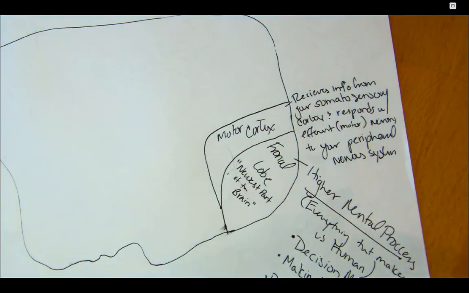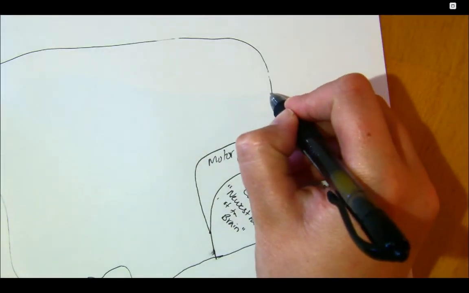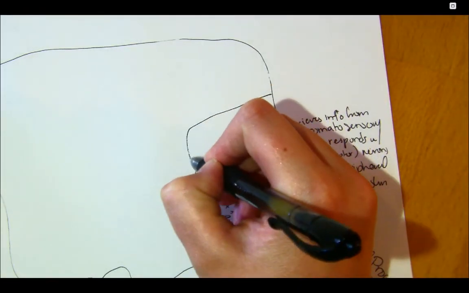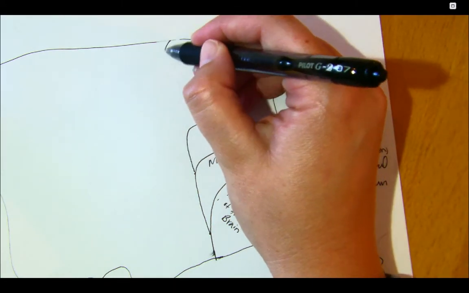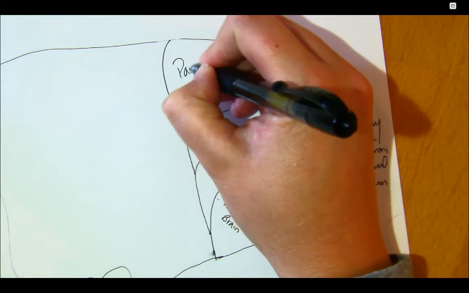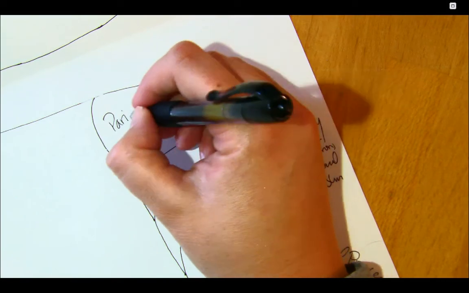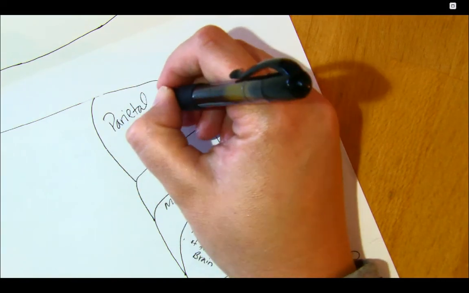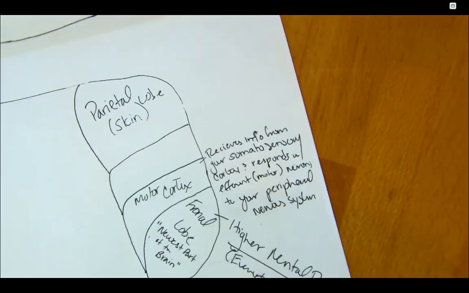So I'm going to explain this a little bit further, but once I create the somatosensory, which we've already started talking about, your somatosensory is located right here. And that is actually technically a part of your parietal lobe. So your parietal lobe is dealing with all of your skin. It's all of your sensations.